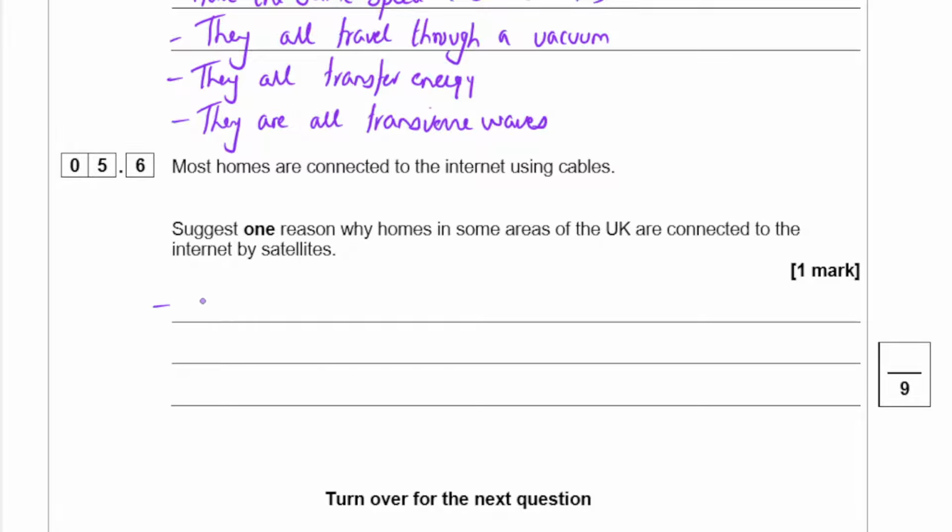Since cables may not be available in remote areas, right? Why would there not be cables?